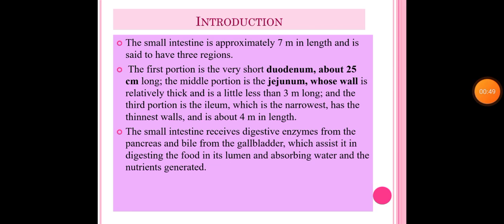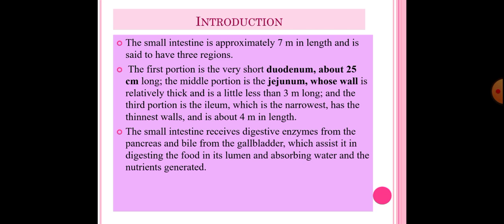As all of you know, whatever food is received in the small intestine from the stomach is now mixed with HCl and various digestive enzymes, and that is called chyme. This chyme will enter the duodenum, which is around 25 centimeters long, and the small intestine receives the digestive enzymes from the pancreas and the bile.